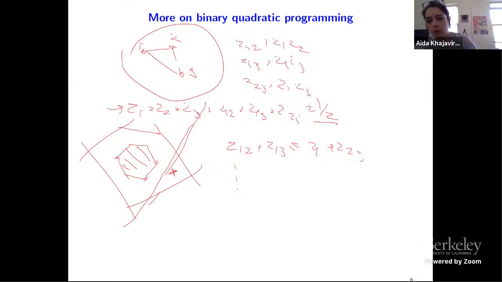Okay, so I gave you a family of inequalities. The steps are always as follows. You need to show that those inequalities are valid for your multilinear set, so they don't cut off any feasible solution to the original non-convex set. You also show they cut off some points that are in the weak relaxation.